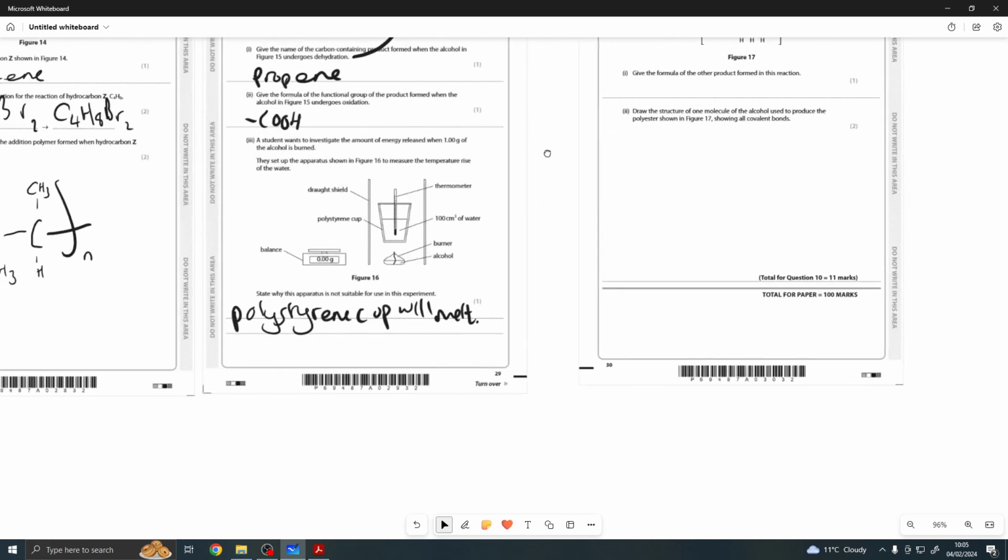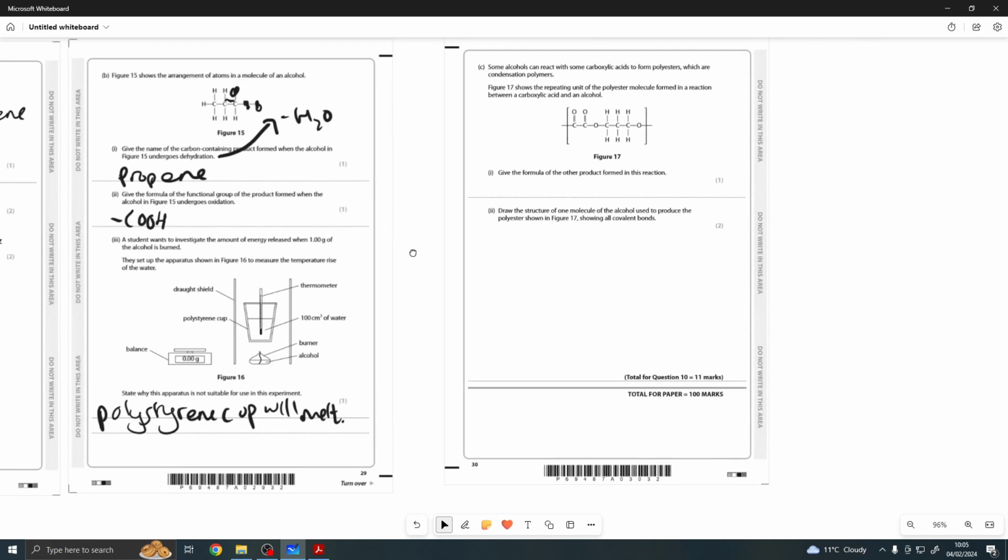now it says some alcohols can react with carboxylic acids, form polyesters. Lovely, just done that. Give the formula of the other product. So, when an alcohol reacts with the carboxylic acid to form a polyester, a small molecule is given up. Now, this molecule is H2O. Okay, because if we remember, jot it over here, we've got our CH3.